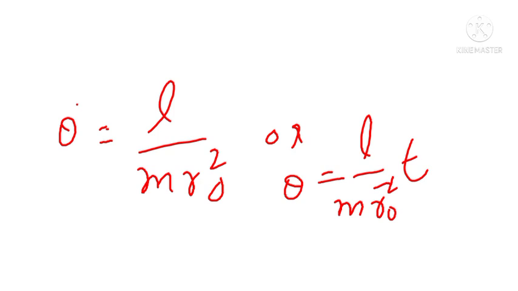and from this we arrive at the conclusion that both the frequency of rotation and the frequency of radial oscillation are the same.